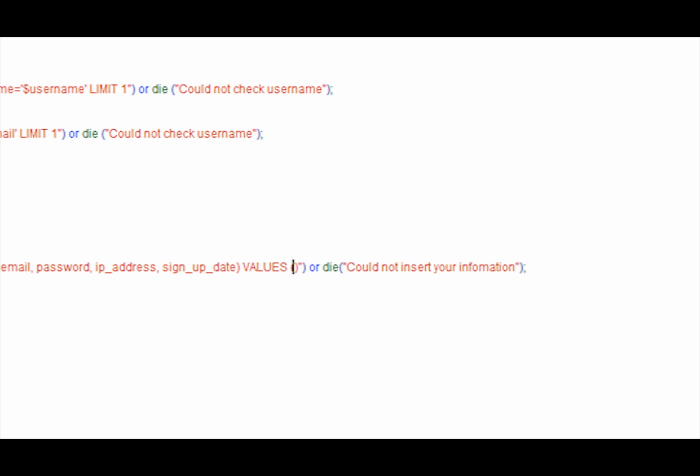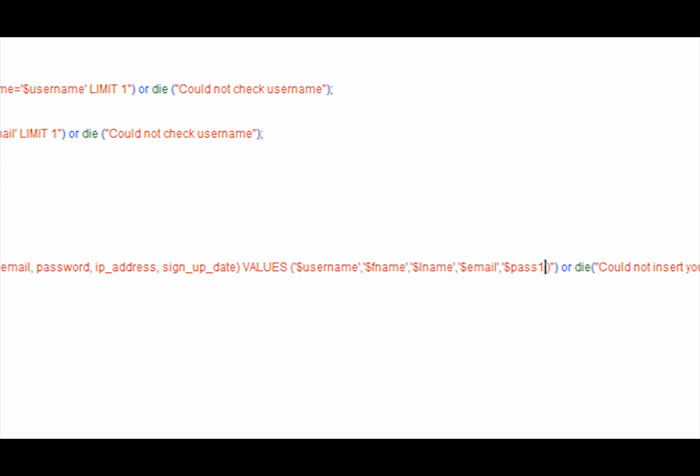Then within here you put in 2 single quotation marks, and within the single quotation marks the variable name. So the first one is username, and you split each one up with a comma. And you do that the same for F name, and then L name, which we put into the last name column, and then email, and then pass1, which is going to be put into the password column.